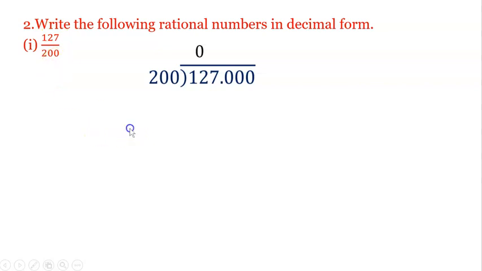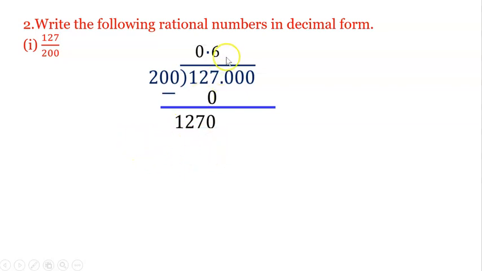The first division is a division of 0, since 127 is less than 200. Therefore, we first put 0. 0 into 200 gives 0. Subtraction gives 127. Then take the decimal point and put a 0 on 127. The number becomes 1270.